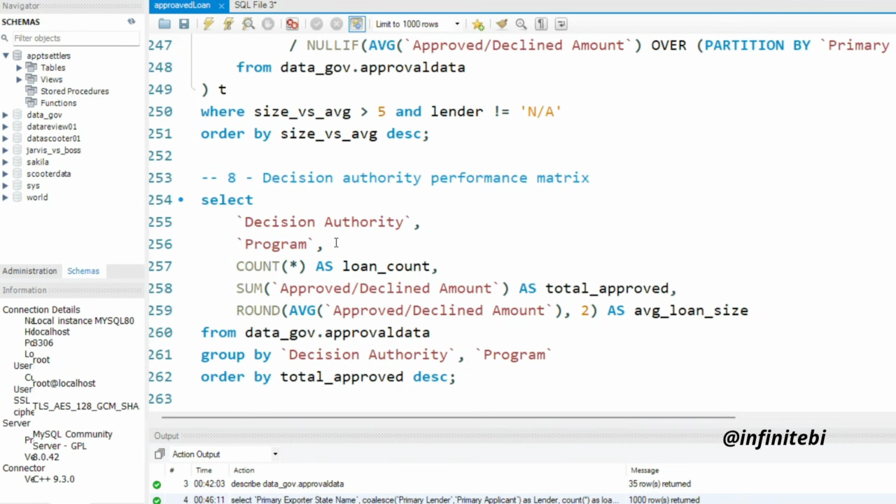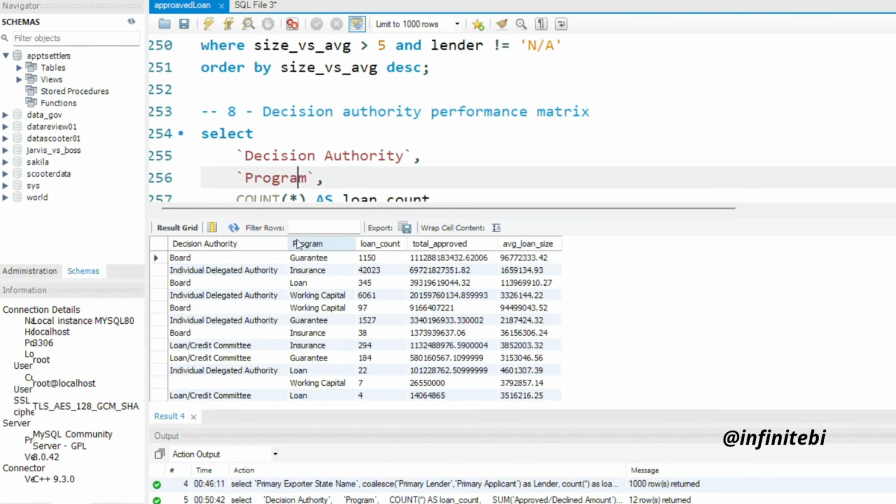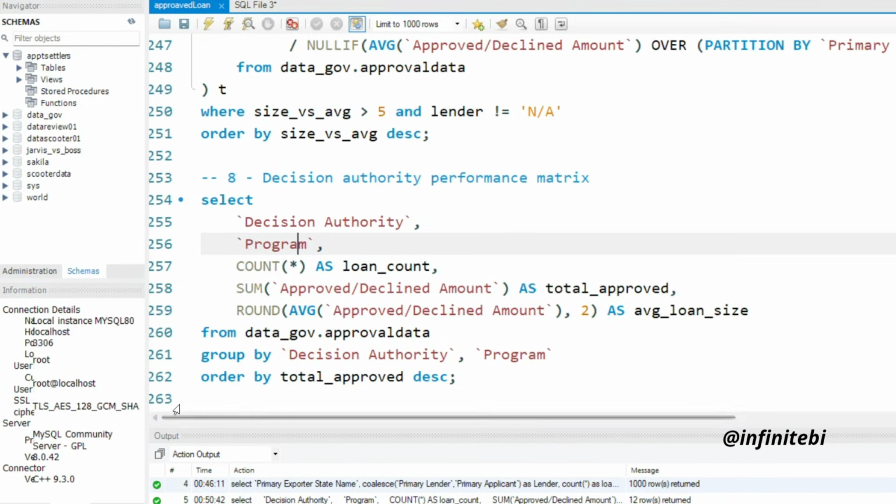So basically that's it. And the last one was the decision authority and performance metrics, which give us the total loans, who approved them, and the program. Those programs, I'm going to run it so you guys can see. Those programs are guaranteed loans, insurance loans, normal loans, and working capital. So basically this is it. And then I'm going to show you guys the dashboard.